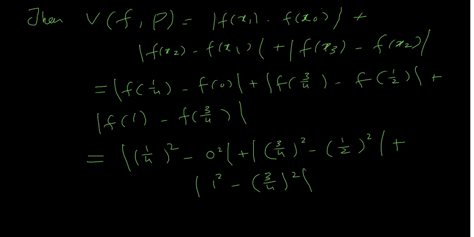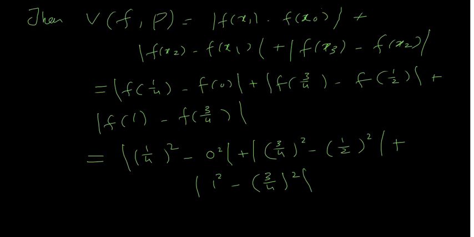And that's equal to 1 by 16 minus 0 plus the next. Let's see the previous page. This is 3 by 4 whole square minus 1 by 4 whole square. 3 by 4 whole square means 9 by 16.